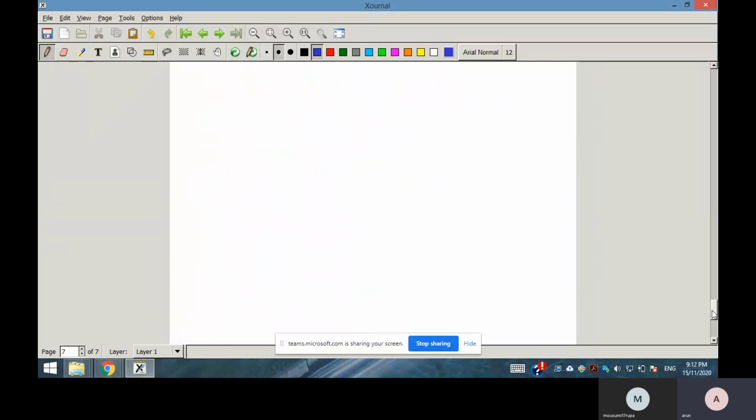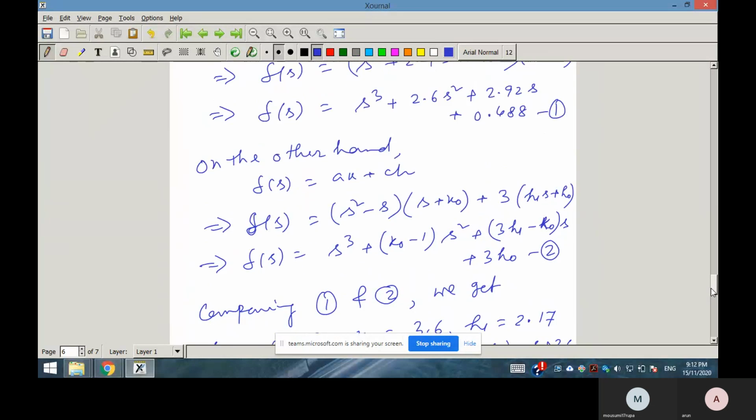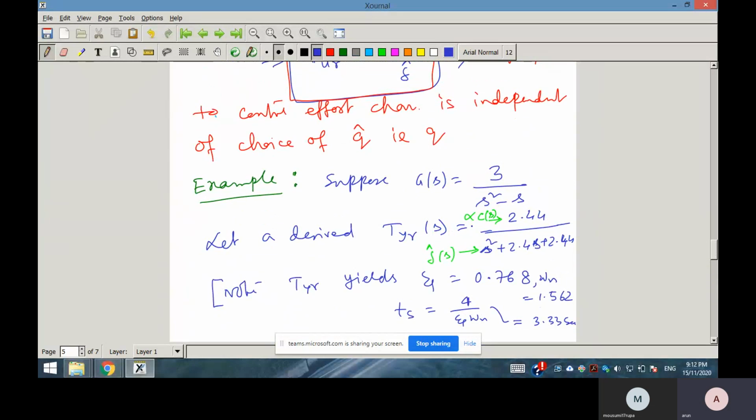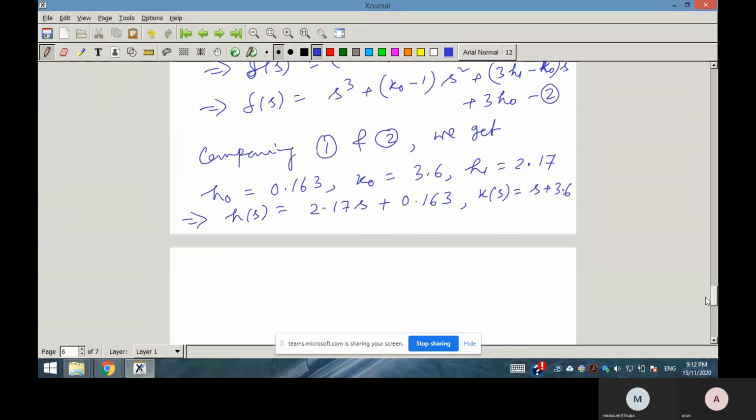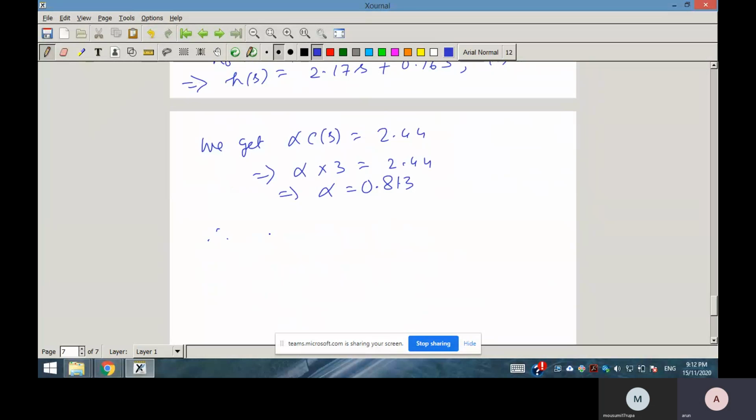Now what is your qs? Qs equal to alpha into q hat s. Q hat s I have chosen, but what is alpha? So you can see alpha into cs equal to 2.44. So what is your cs? Alpha into 3, cs is 3, equal to 2.44. So this implies alpha equal to 0.813. So then what is your QS?